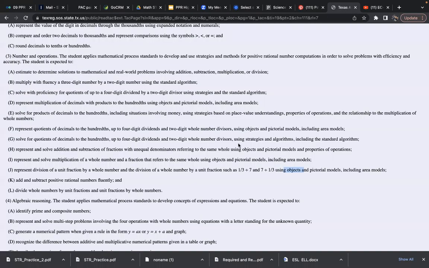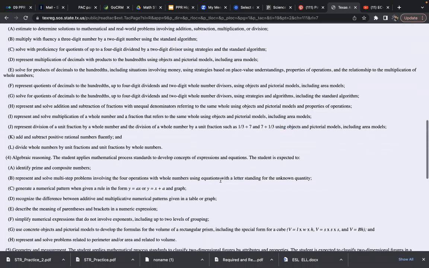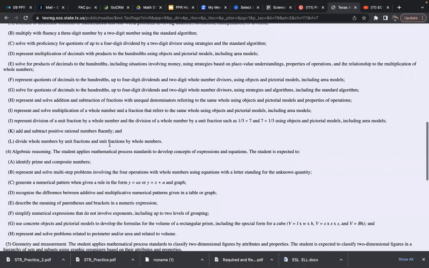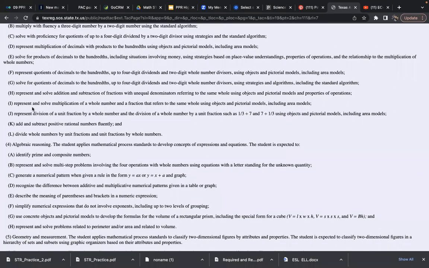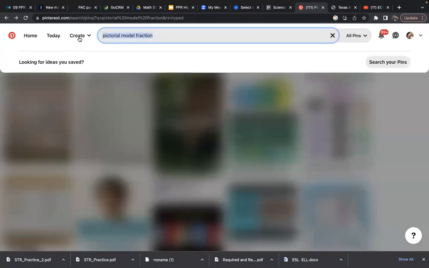So add and subtract positive rational numbers fluently, and represent and solve multiplication of a whole number and a fraction that refers to the same whole number using objects, pictorials, including area models. Let's take a look at an area model.